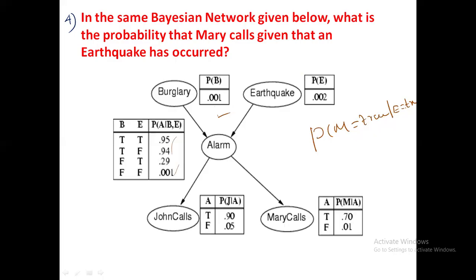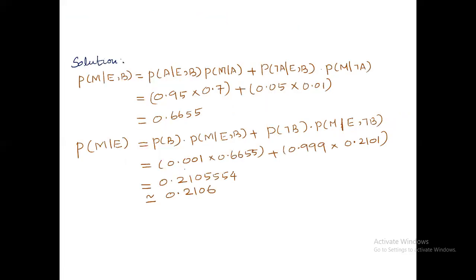Since the alarm is triggered based on both burglary or earthquake events, and Mary calls based on whether the alarm is activated, we apply the law of total probability by summing over the two possible values of burglary.